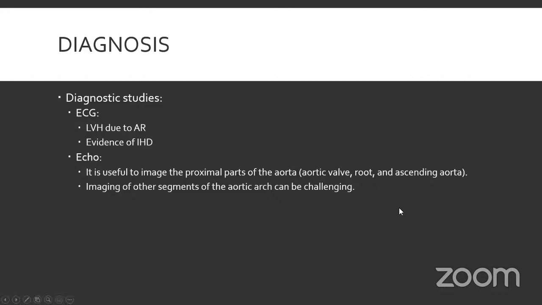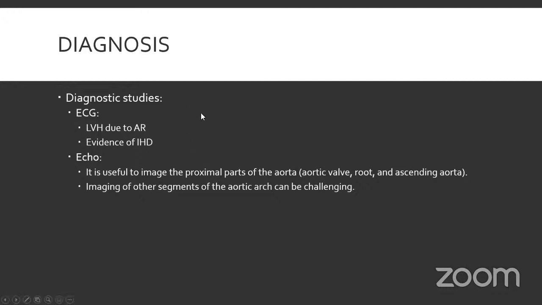However, usually patients who present with vague chest pain, which can occur sometimes with an expanding aortic aneurysm, may undergo ECG. ECG is usually not lucrative, but it may show left ventricular hypertrophy due to AR, or evidence of ischemic heart disease.